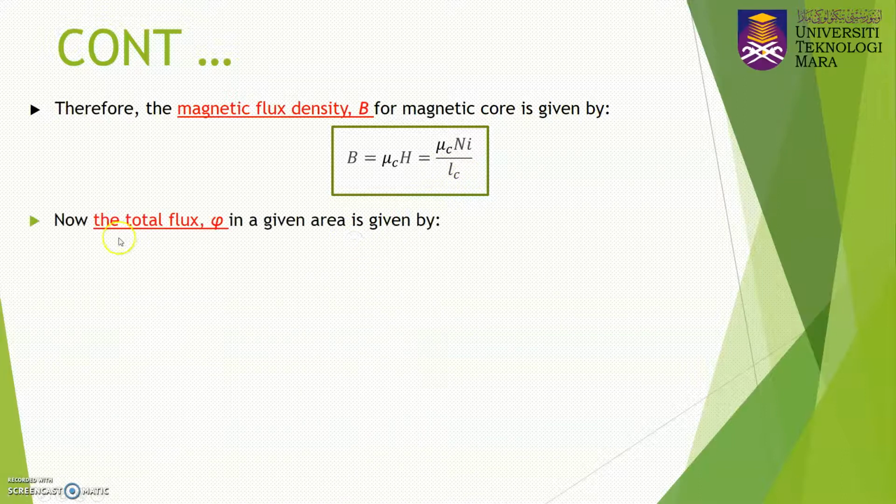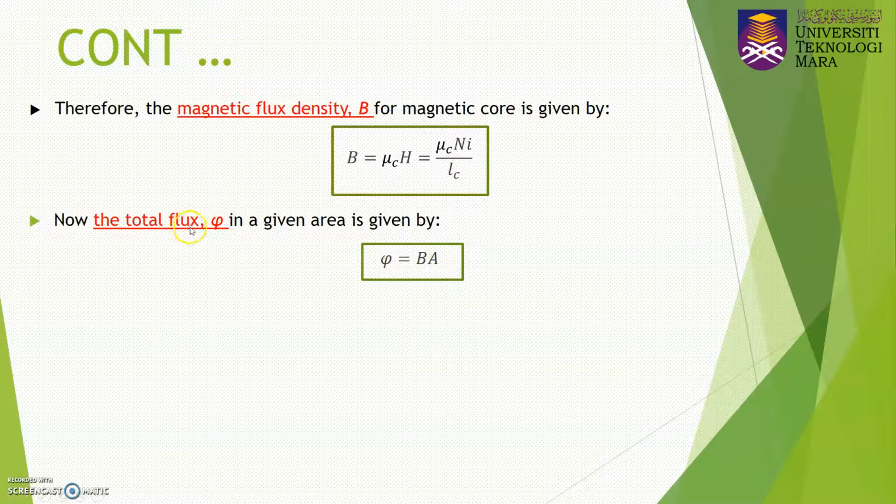LC is the mean length of your core. Now the total flux in a given area is given by the total flux equal to B, your magnetic flux density, multiplied by A. A is the cross-sectional area. Depending on the question, if you want to calculate the total flux going through the core, then you need to use the cross-sectional area of the core.